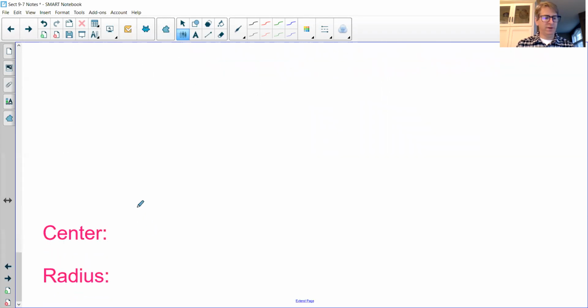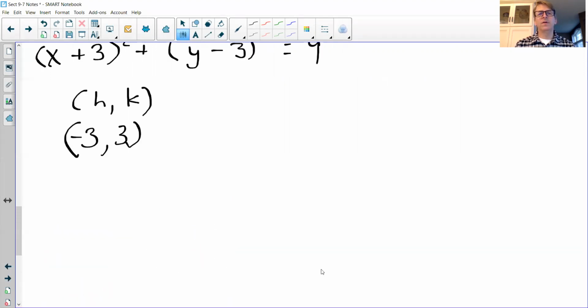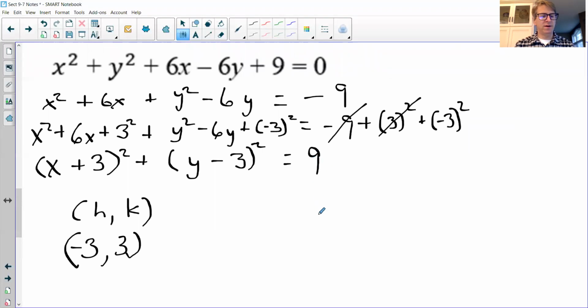So the center is negative 3, comma 3, and the radius is 3. Okay, so you got the 3 from the 9, which is 3 times 3, and the h, k is negative 3, 3.